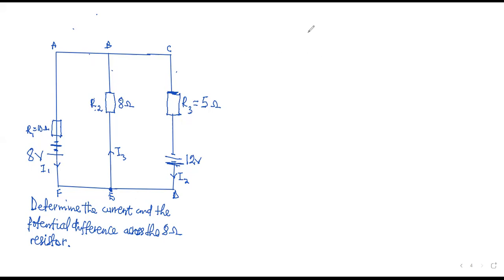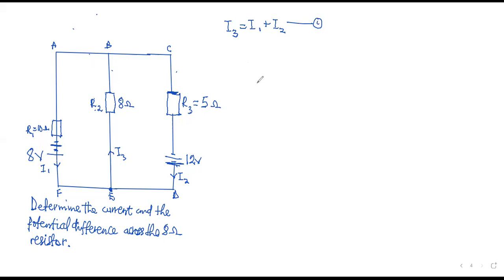And so straight away, from what we've done, we can state that I3 is equal to I1 plus I2, the current law. This is equation 1.